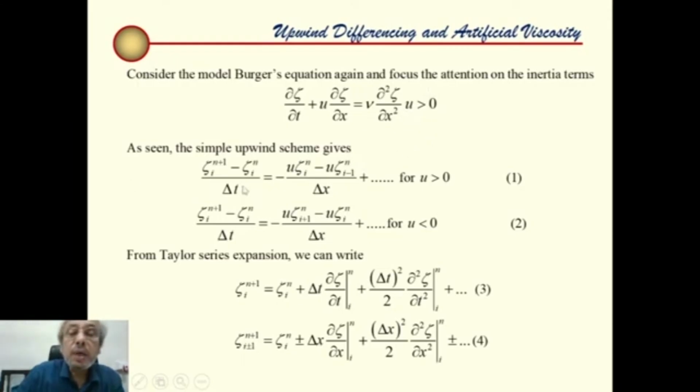Now for the upwind scheme, we have seen for u greater than 0, we will write the difference at the ith location as ζ_i minus ζ_{i-1}.